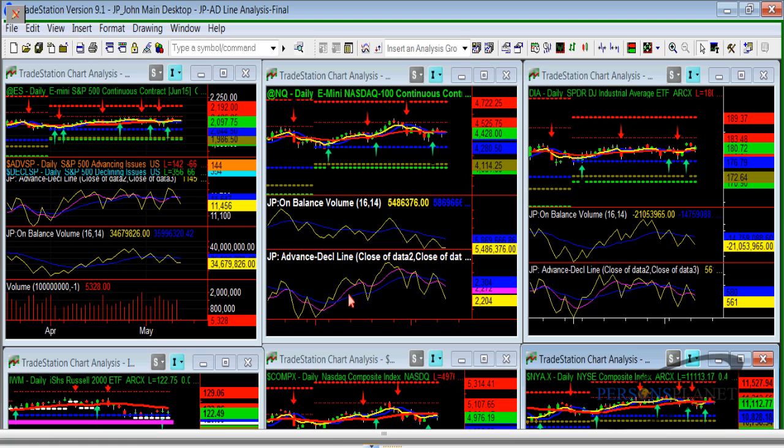So what you're looking at, a bunch of these colors, you may see that we've created the advanced decline on the Dow Jones Industrial Average, which is only 30 stocks, the NASDAQ 100, the S&P 500, the Russell 2000, the NASDAQ Composite, and then again, we do look at the New York Stock Exchange Composite Index.